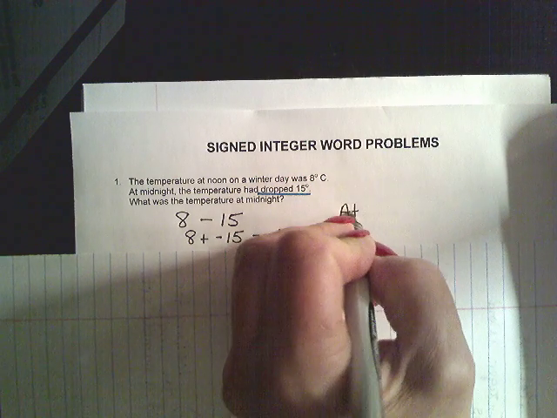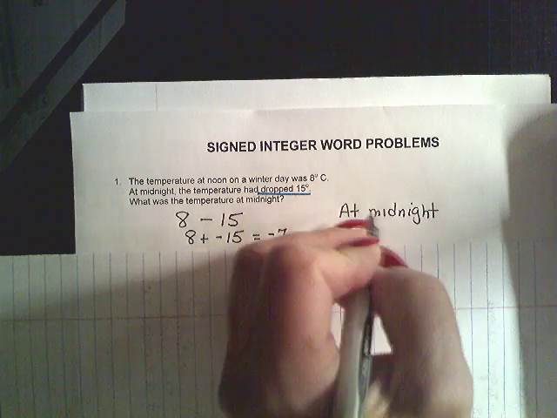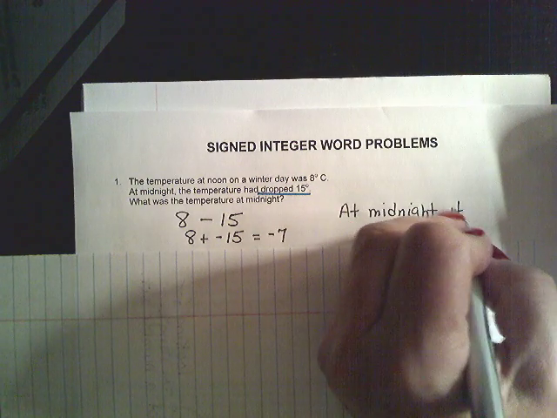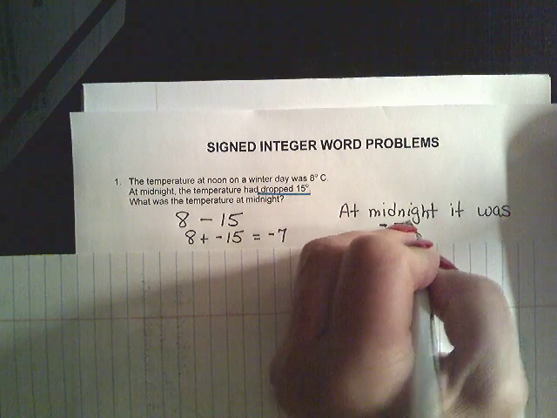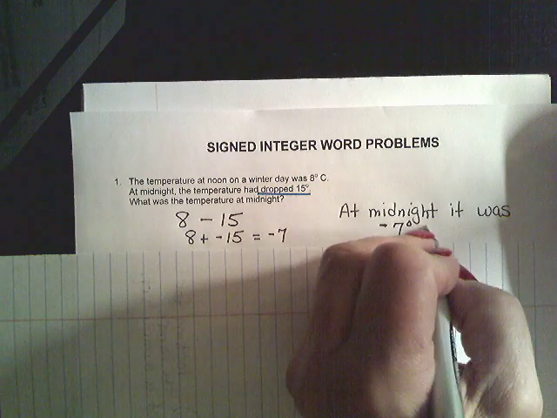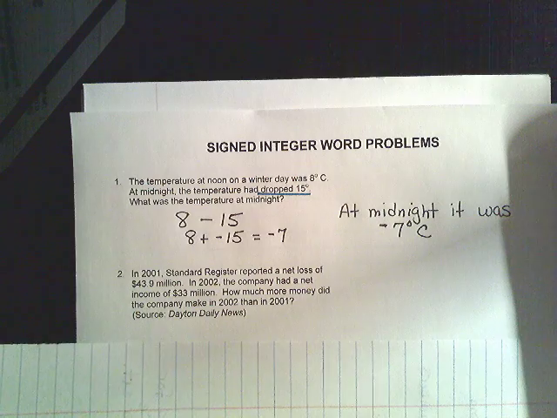At midnight, it was negative 7 degrees Celsius. So that's the first problem.